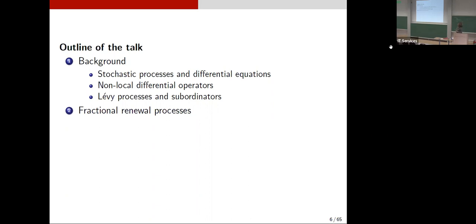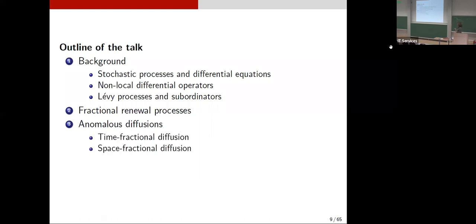So I will concentrate only on two classes of stochastic processes. The first one is the class of renewal processes, and the second one is the diffusion and then the Brownian motion. And then we will see how using non-local differential operators we are led to anomalous diffusion models, fractional both in time and space.